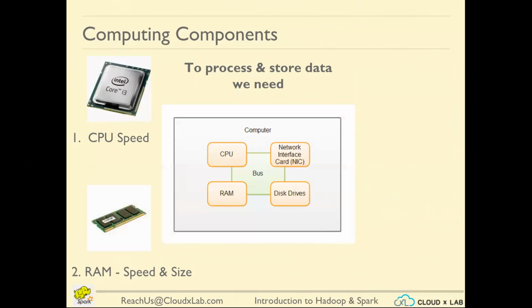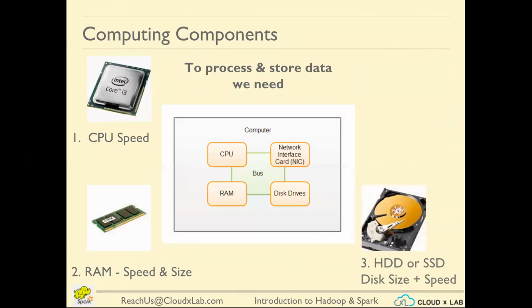Therefore, we need to persist data by keeping it on disk. There are two kinds of disks, hard disk and solid state. Hard disk is cheaper and bigger, while solid state is faster, costlier and smaller.